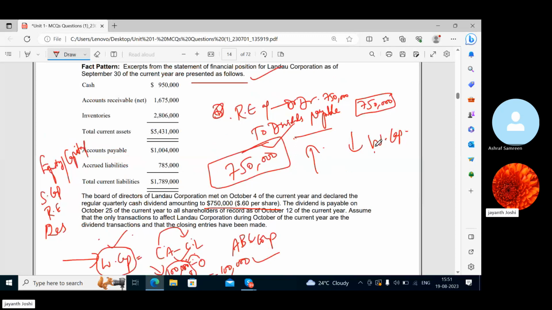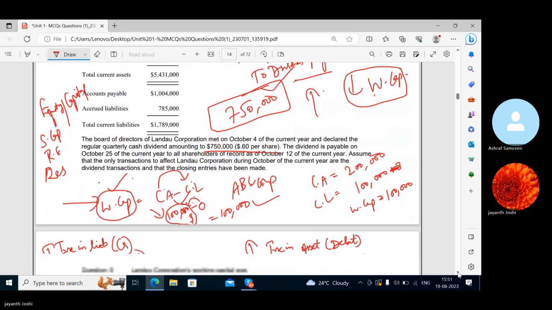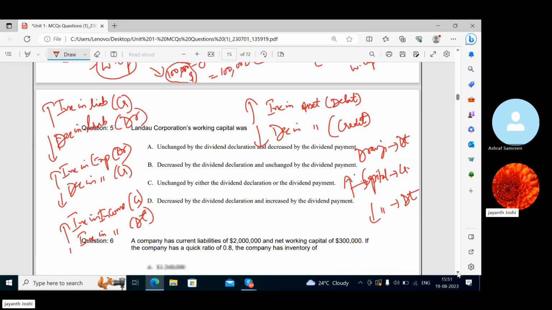So when current liability increases, what happens to your working capital? It decreases, of course, because let's say my current assets are 2 lakhs and my current liabilities are 1 lakh. So my working capital is 2 lakhs minus 1 lakh, 1 lakh, right? But if dividend payable is a liability, I'm increasing my current liability by 30,000.